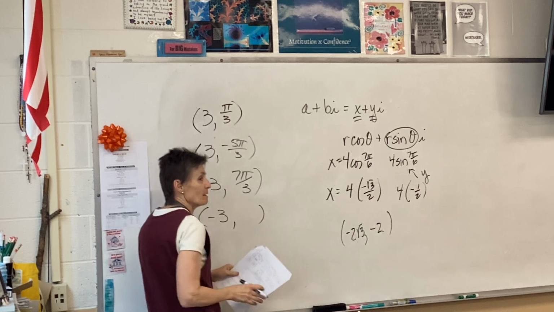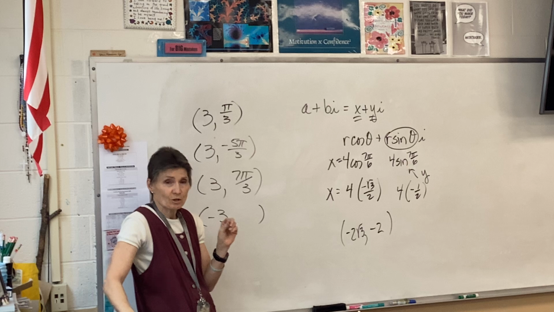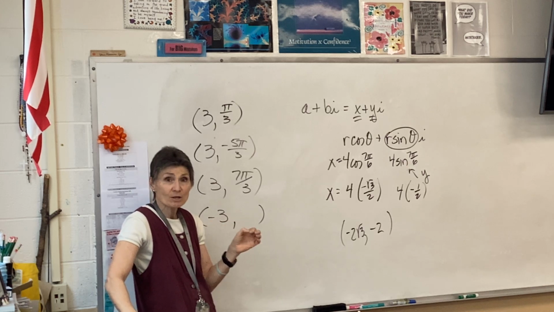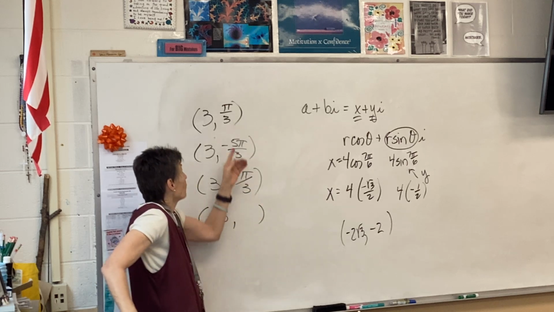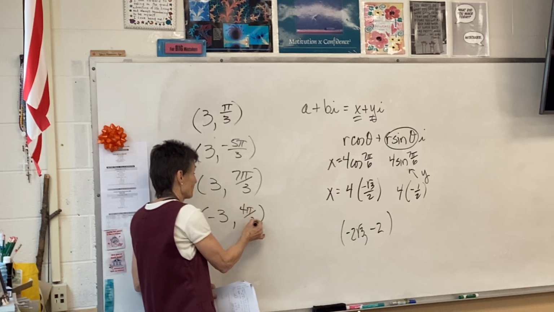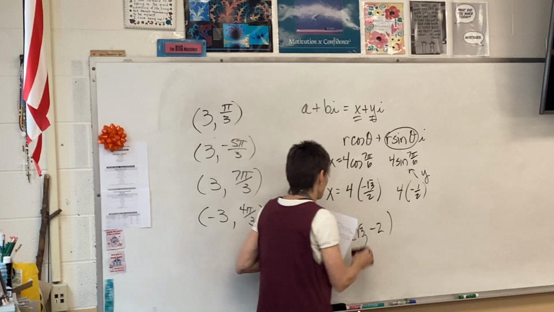What if I decide to make my radius negative? Well, if you change the sign on your radius, then your angle is going to change by pi, halfway. So pi over 3 would become 4 pi over 3 if I changed my radius to a negative.